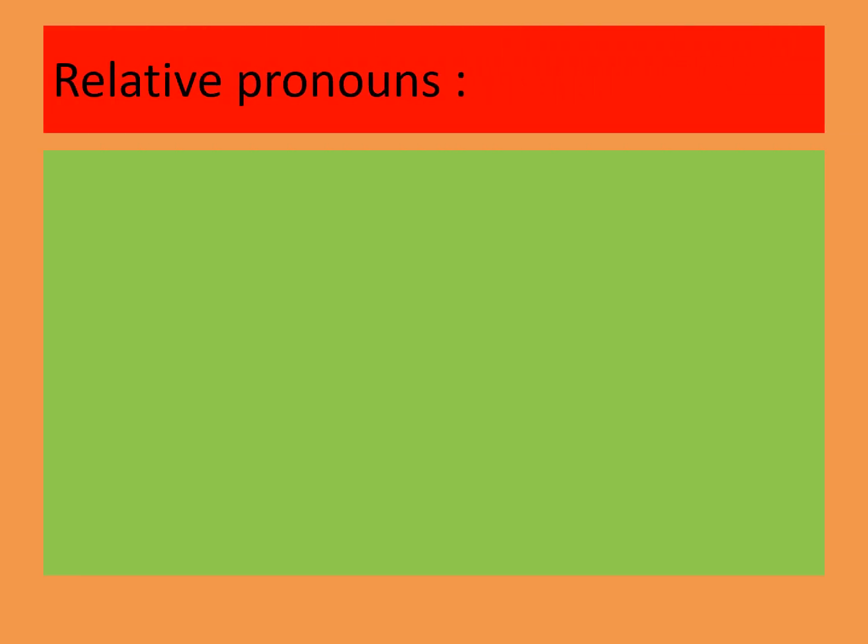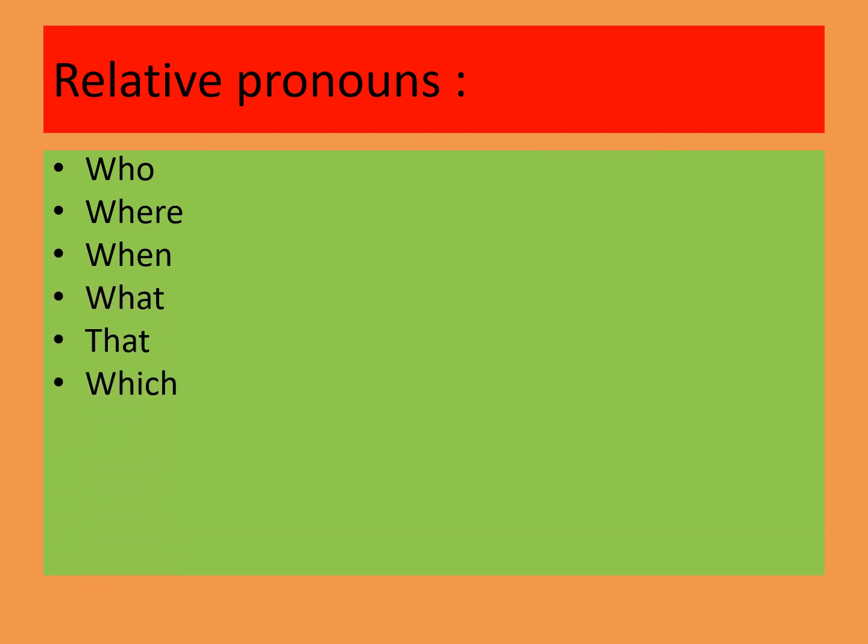Now we will see relative pronouns. The relative pronouns are who, where, when, what, that, which. These are all relative pronouns. We use these relative pronouns in making a relative clause.